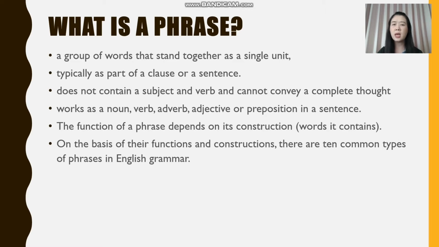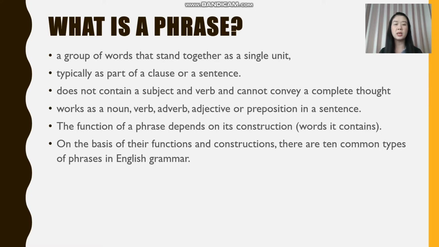What can we do with the phrase? The phrase can be used as a noun, verb, adverb, adjective, or preposition in a sentence. You can see that it's pretty similar to the part of speech. Yes, you are right, because we are relying on the way of differentiating the parts of speech. Just make it bigger, okay? The function of a phrase depends on its construction.